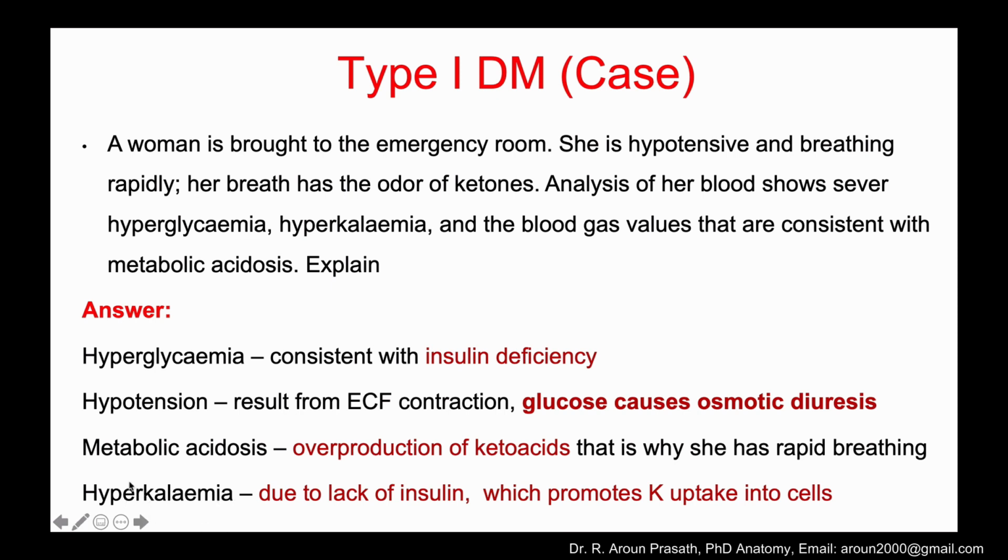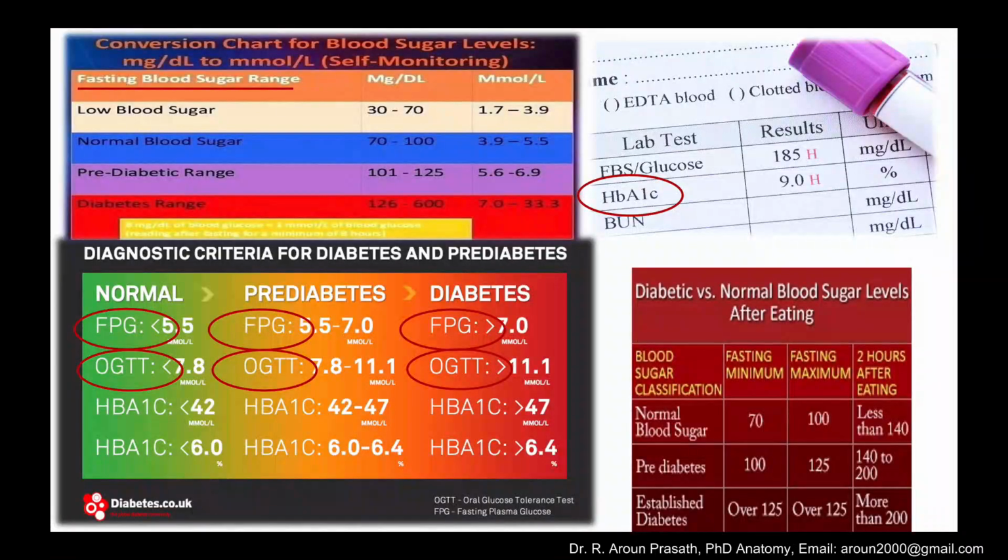Hyperkalemia is an increase in potassium level, which is promoted by lack of insulin. Potassium is also the main substance during muscle contraction, so when the potassium level is increased or decreased, it disturbs the heart muscle contraction also.